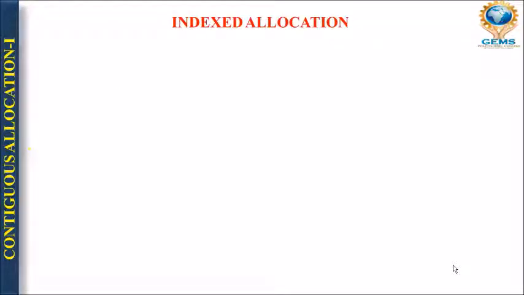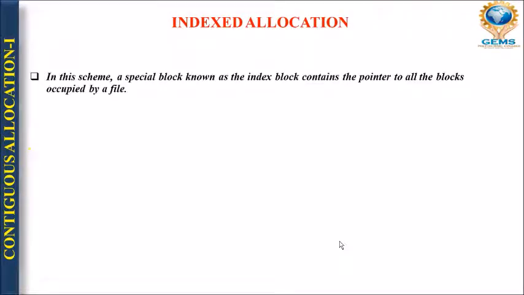So next, let's talk about indexed allocation. What do you mean by indexed allocation? In this scheme, a special block known as the index block contains the pointers to all the blocks occupied by a file. ऐसा क्यों होता है? See, लिंक लोकेशन में क्या होता था कि हम लोगों को एक एक करके ब्लॉक को हमें सर्च करना पड़ेगा, देन वी आर एबल टू identify which block is empty, which is occupied by any file. So index block क्या होता है?